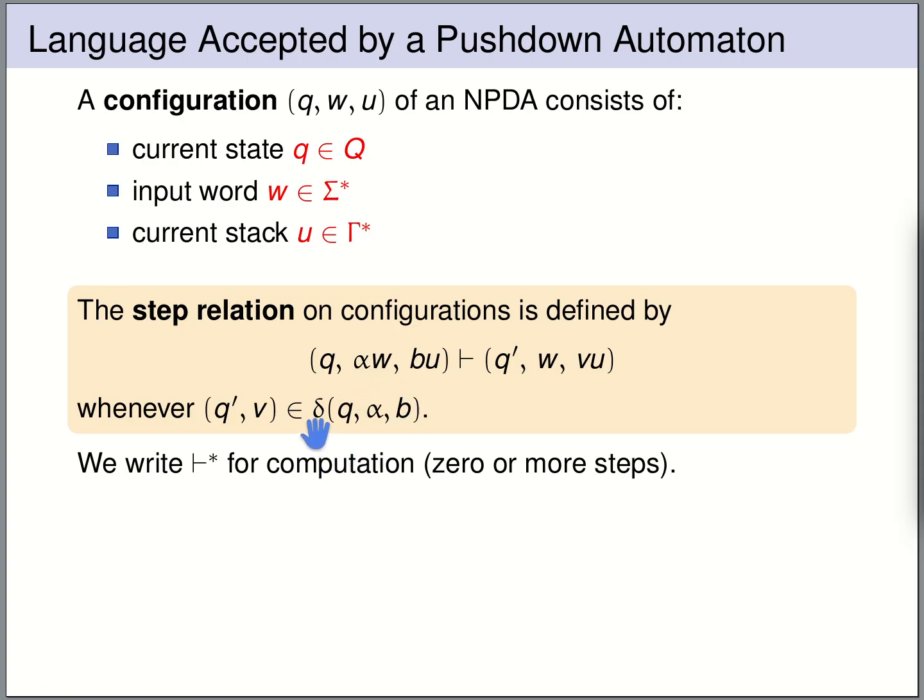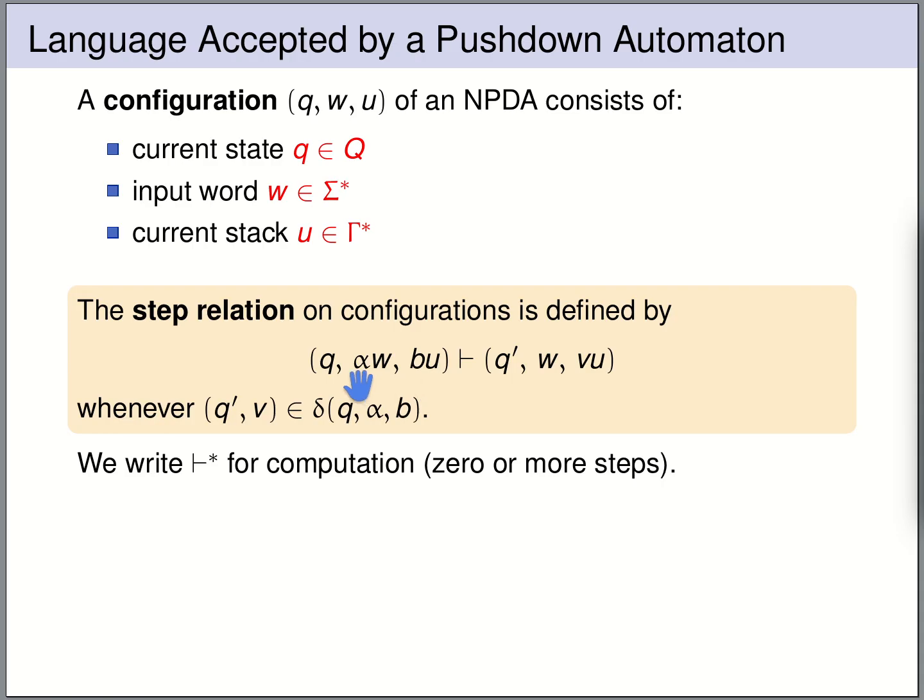So if the transition function tells us that from state Q with input letter alpha or lambda and topmost stack symbol B, we can switch the state to Q' while replacing the topmost stack symbol B with V. And that's exactly what happens in this step. The state changes from Q to Q'.